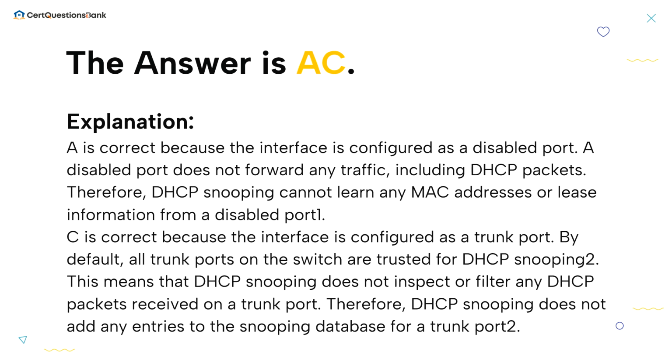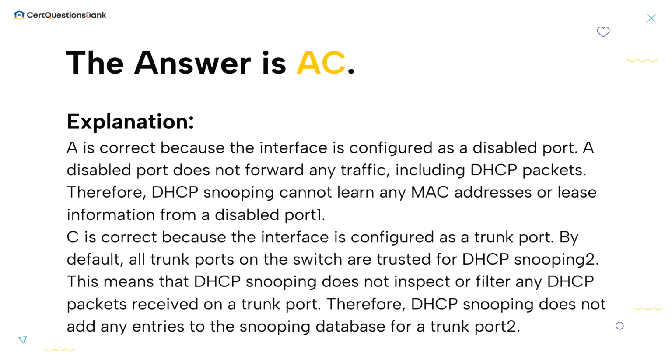A is correct because the interface is configured as a disabled port. A disabled port does not forward any traffic, including DHCP packets. Therefore, DHCP snooping cannot learn any MAC addresses or lease information from a disabled port. C is correct because the interface is configured as a trunk port.